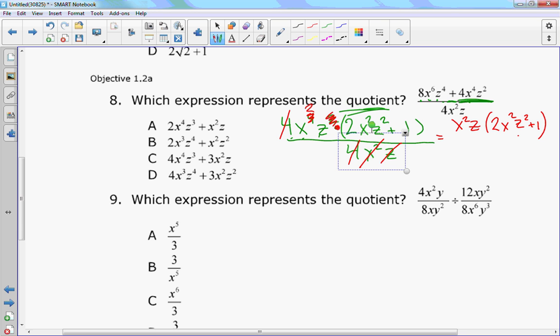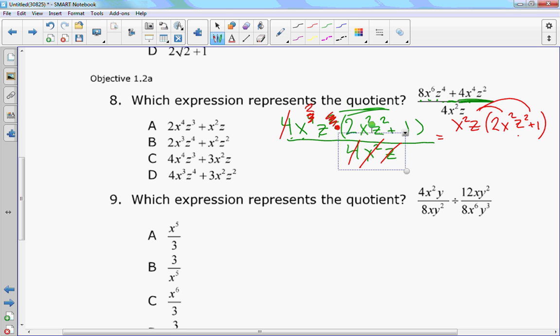It doesn't quite match my answers, so what can I do to make it match? I can distribute it back. In sign language, this is an A, this is a B, this is a C, this is a D. So distribute it and then show me which answer you get.